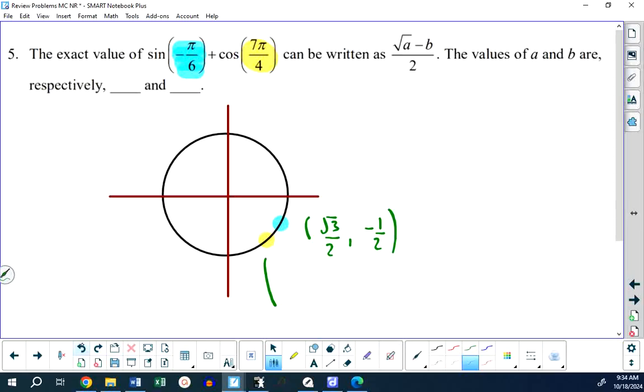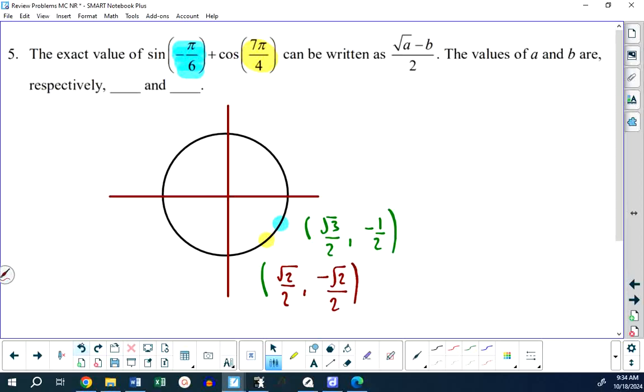And when you look at the answer, we have a common denominator of 2. It would be better, looking ahead, to use root 2 over 2, comma, negative root 2 over 2.